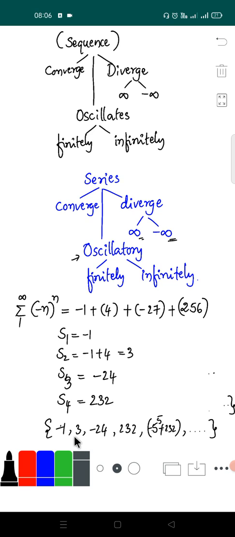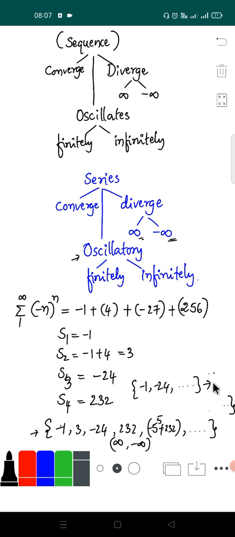As you can see, this sequence does not converge to any finite number, does not diverge to positive infinity, and does not diverge to negative infinity as well. So we can say that this sequence is oscillatory and oscillates infinitely. If you take the odd terms of the sequence, this is minus 1, minus 24, and so on.